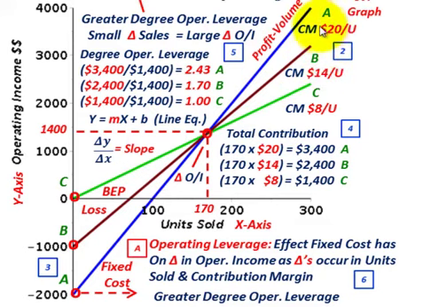So alternative A has a slope of $20, B a slope of 14, C a slope of 8. We're going to be looking at where these three alternatives intersect at this point, and that's based on 170 units sold, which equates to $1,400 in operating income.